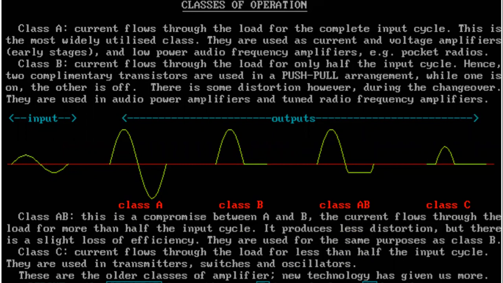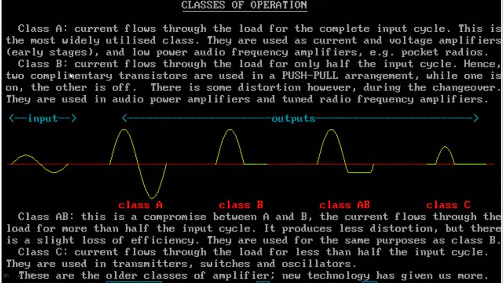So when you give the sinusoidal signal during the whole signal, you can experience that there's a current flow. Basic amplifiers we develop based on this concept, especially audio amplifiers, pocket radios, something like that. Those amplifiers we configure as class A amplifiers.